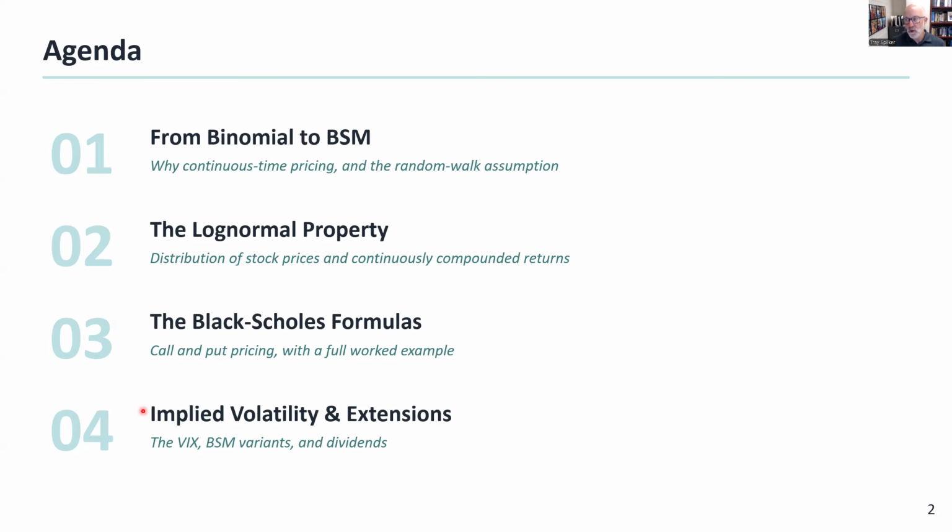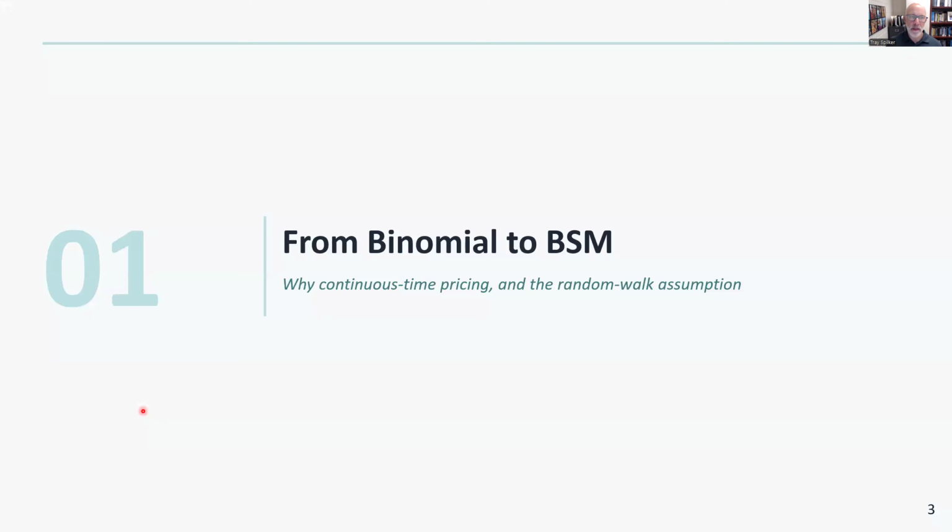So by the end, we'll be comfortable pricing European options with the Black-Scholes-Merton formula and explaining what implied volatility is to a layman, a non-specialist. We'll define all these things. This is our path. Okay.